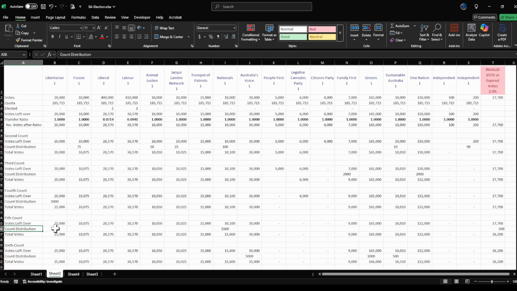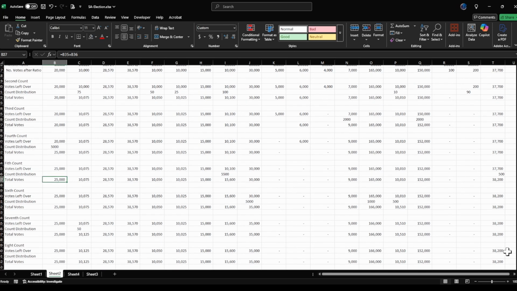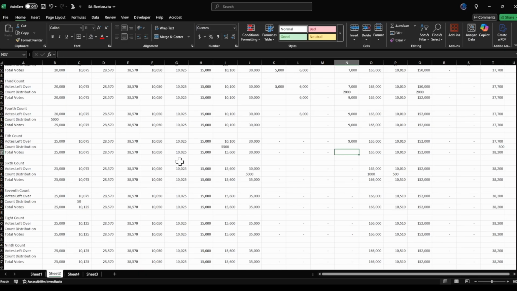We go look along the bottom here. Has anyone made that 185 yet? No, they haven't. So they look along the bottom here and find the one that has the least number of votes, and in this situation it looks like it might be this one, 9,000 votes. So we're going to take our 9,000 votes from there and shift it across to, say, this party over here.